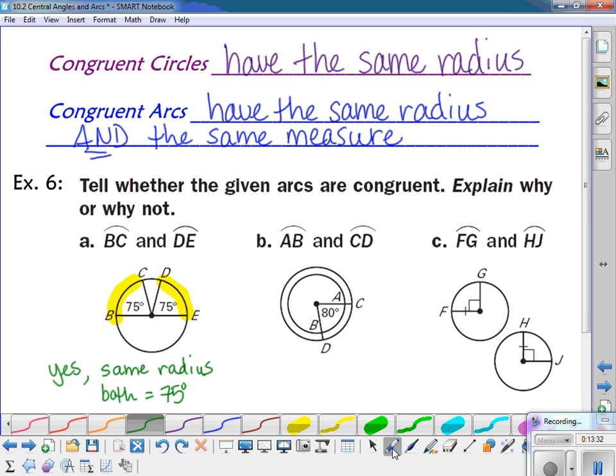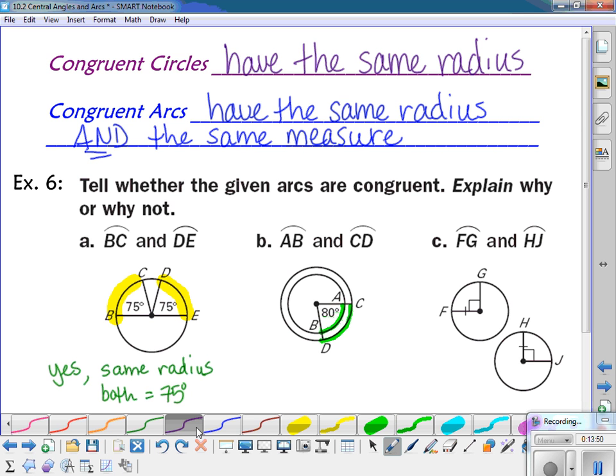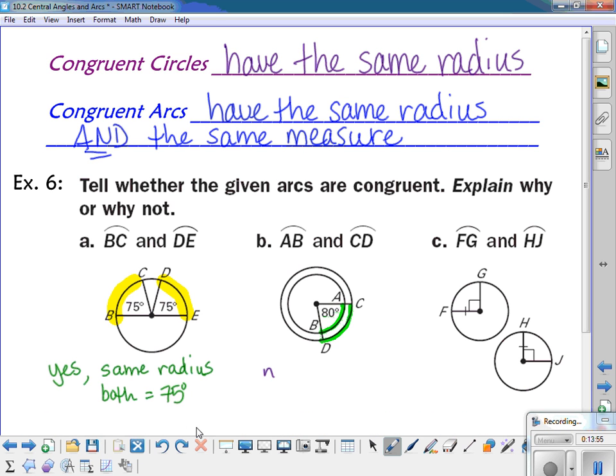If I look at the next one, I've got AB, which is in this inner circle, and CD, which is in the outer circle. So on this one, while they both have the same measure, they have different radii, so they are not congruent.